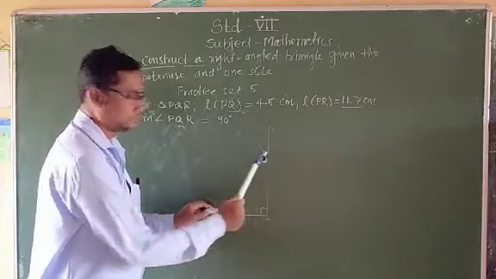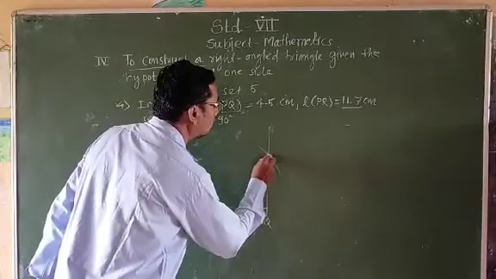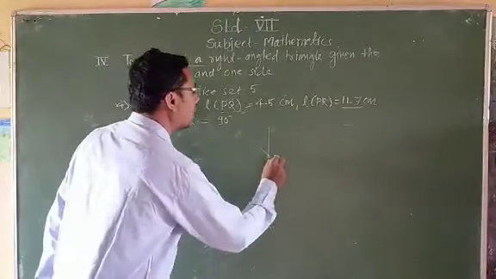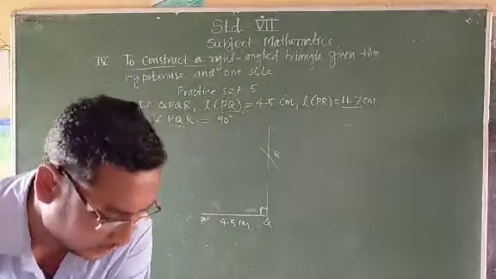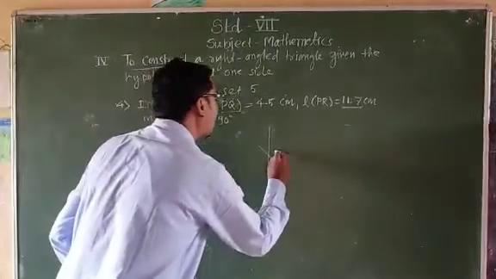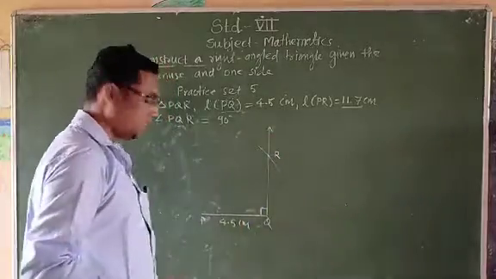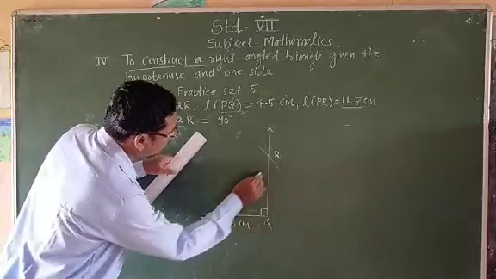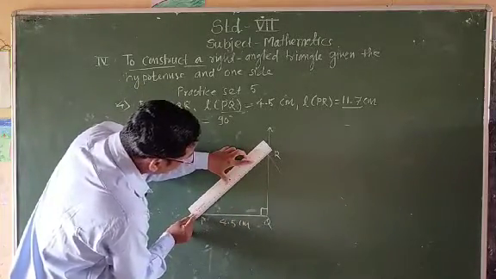Look here, this arc intersects at this point and that point is R. Okay, then this is the point R, then join the point P and R. Okay, this point P and this point R, so join it properly.